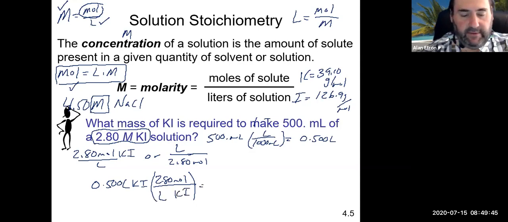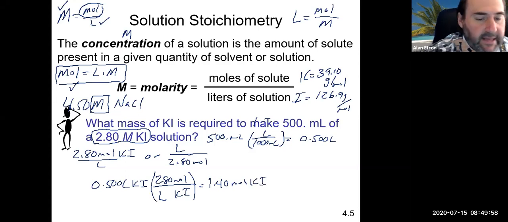And if we do that, we will end up with 0.5 times 2.8 gives us 1.4 moles of KI. Now, if we want to get grams, we're going to get the molar mass. So basically, we're just going to add these two together since it's one of each.